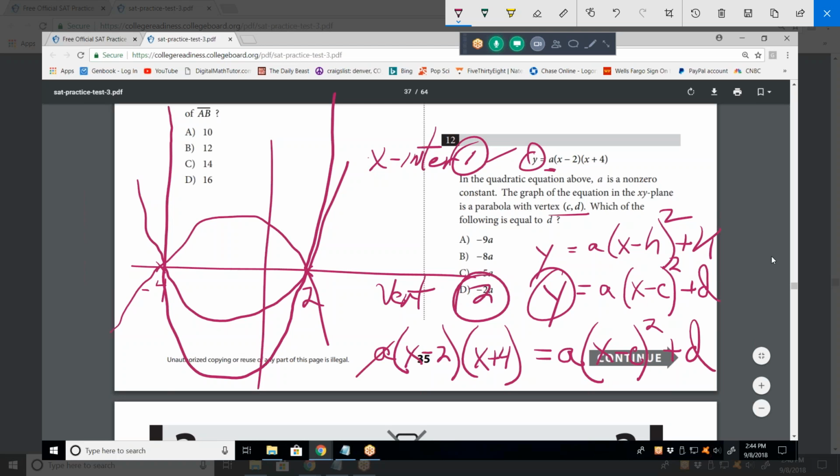We can divide a out. So now we have (x − 2)(x + 4) = (x − c)² + d. They want to know which of the following is equal to d. Well, all we've got to do is solve that equation for d.